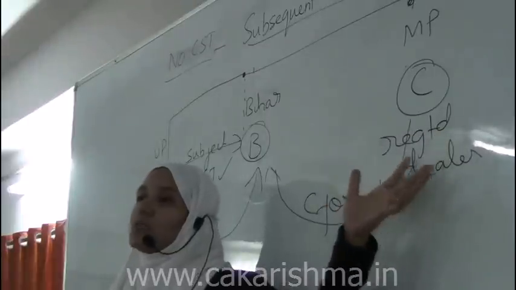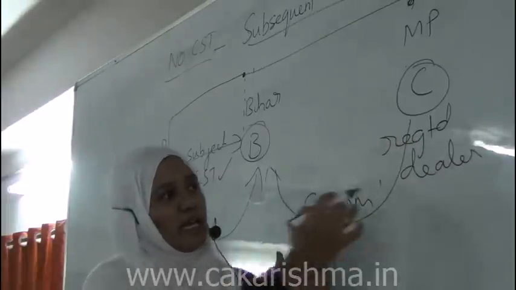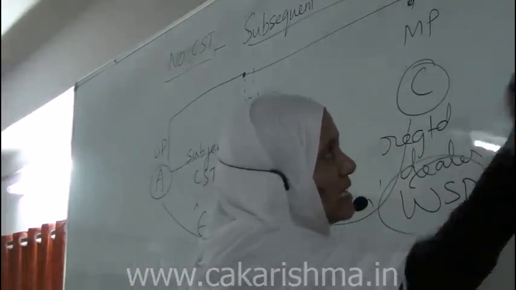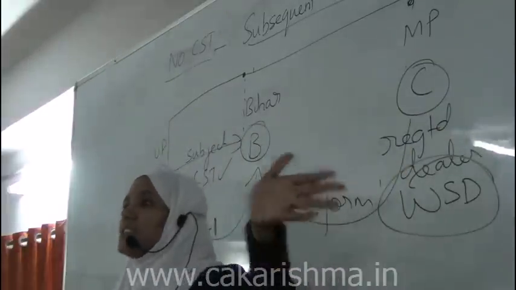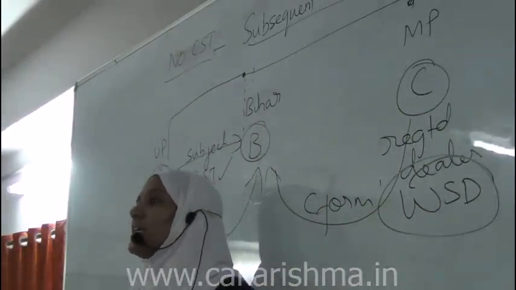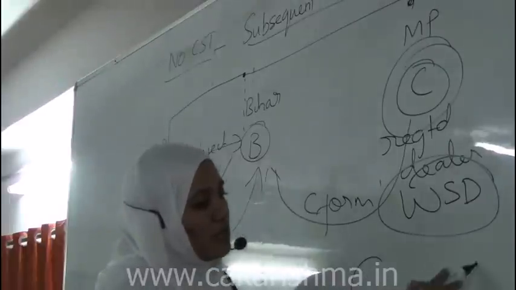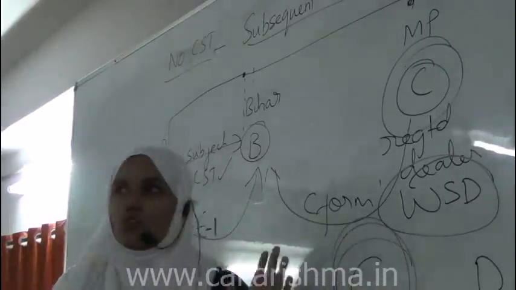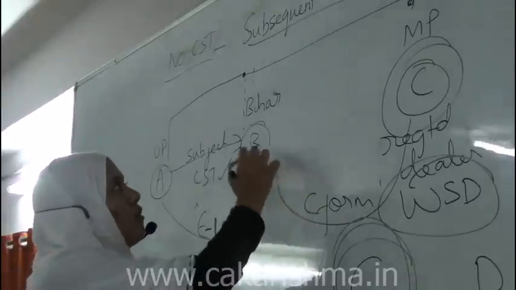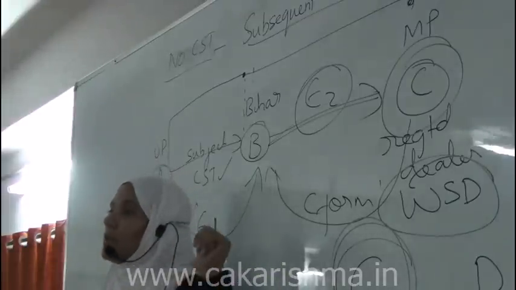Now second seller, let's assume he is a wholesaler, a distributor or somebody. Now this wholesale dealer is selling goods to a retail dealer in Gujarat. Subsequent CST sale, again he is asking for exemption, C to D. C wants exemption, so we tell C, from the previous seller, bring one form, E2.